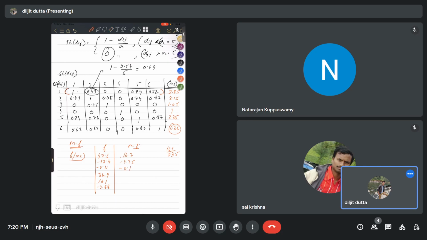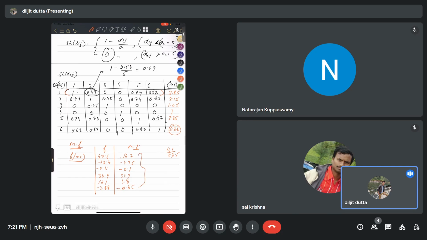For the fourth one, 34.9 divided by 1 is 34.9 only. Then 16.1 divided by 3.35, 4.8, and the last one is minus 2.88 divided by 3.36, minus 0.85. So these are the modified fitness values.